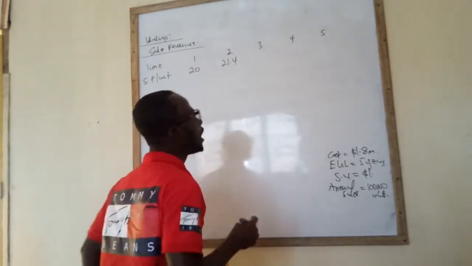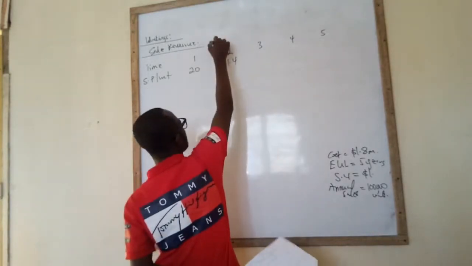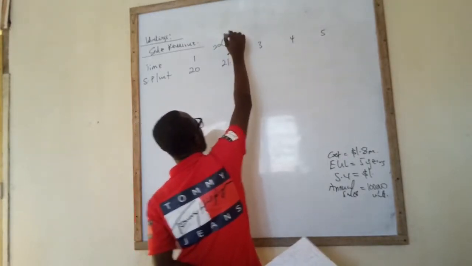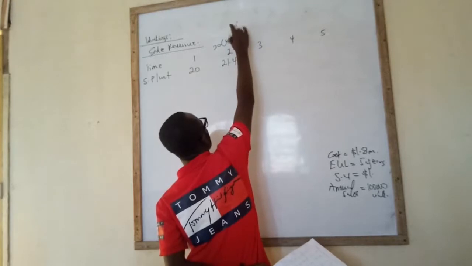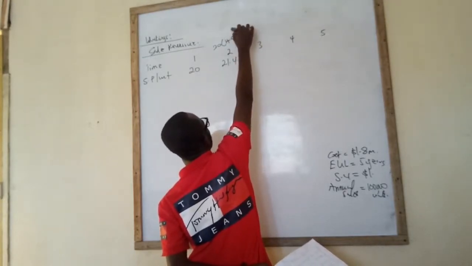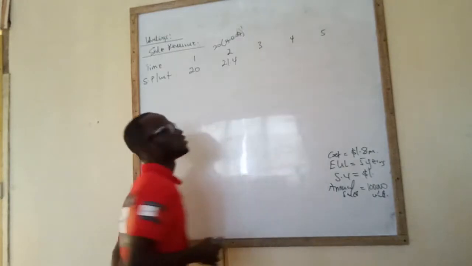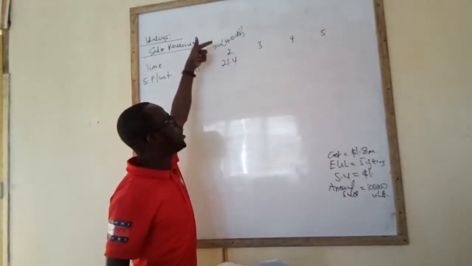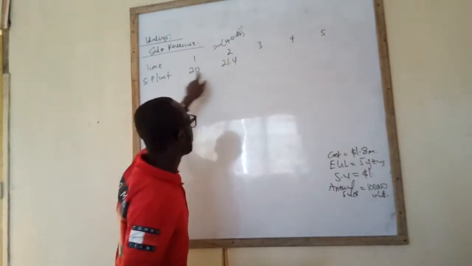Now, how did we get that 21.4? It's going to be 20 times bracket 1 plus the inflation rate, which is 0.07, exponent 1. This is what is referred to as the Fisher formula. So we're going to be using the Fisher concept to incorporate the inflation.